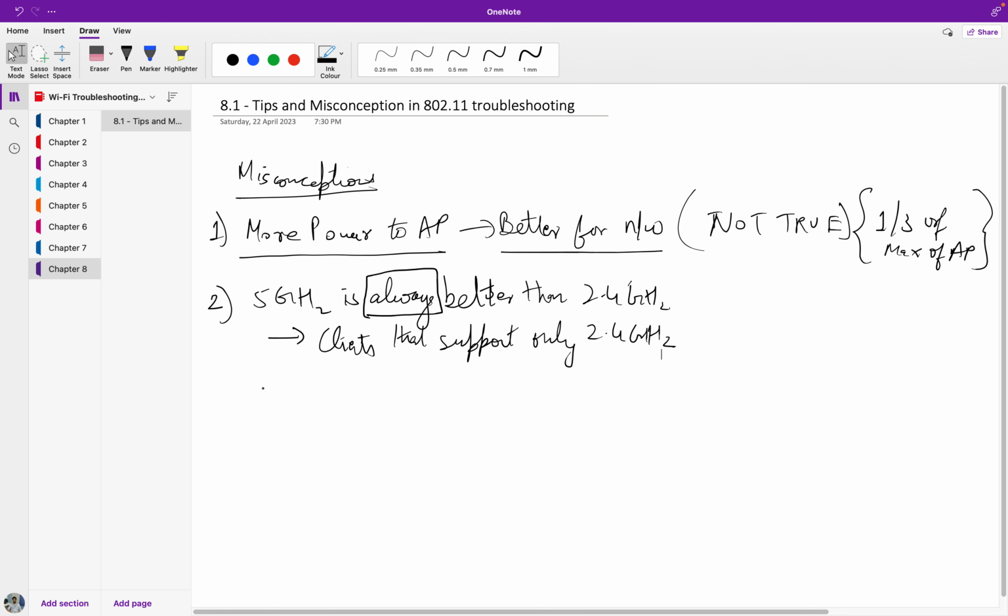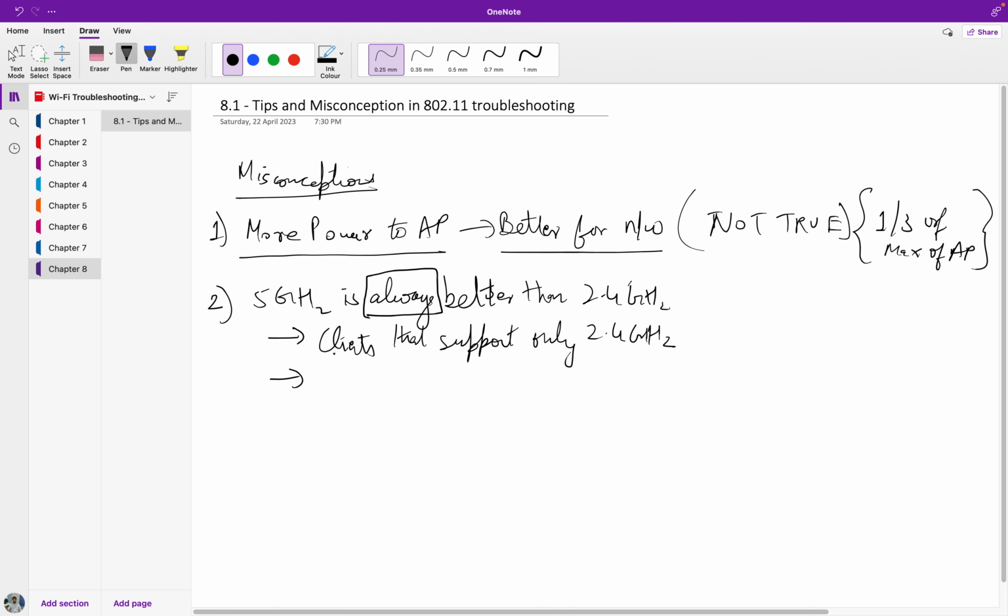Also, if the clients support only 2.4, they will not even be able to see the SSID if it's only broadcasting on 5 gigahertz, right? So it's better to have a little less performance than to have the clients not connect at all. So in this scenario where the clients only support 2.4, only 5 gigahertz is not a good option. So deploy the SSID on both 2.4 and 5, right?